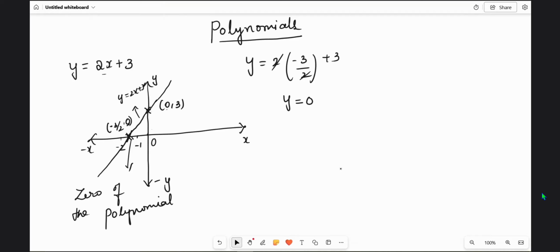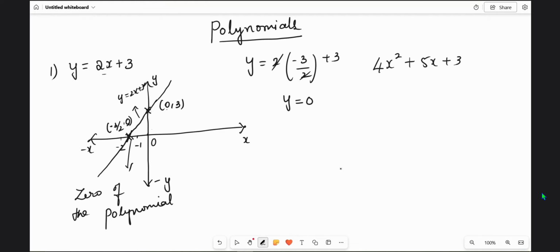For example, a quadratic equation will have two zeros. What do you mean by degree? It is the highest power of the polynomial. So that many zeros you will have.